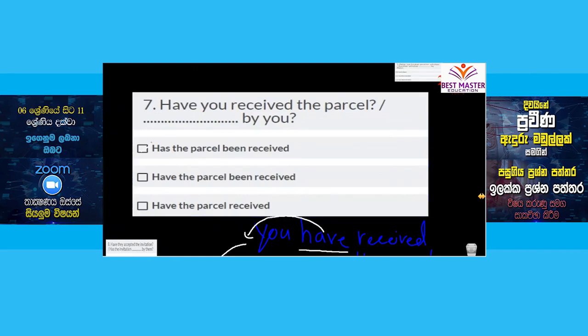If you want, write out the sentence. Has comes here because the parcel comes first. The parcel being received by you.